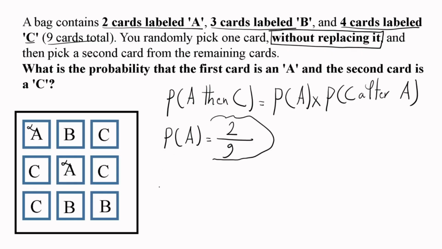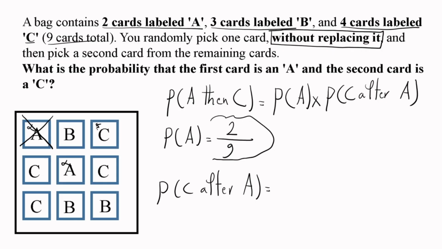And the important part is gonna be P of C after A. In this case, what should I do? Assume that I already picked 1 A. So I'm gonna eliminate that from the sample space. In that case, what would be the probability of getting C? I need a C, right? So what is the number of favorable outcomes?